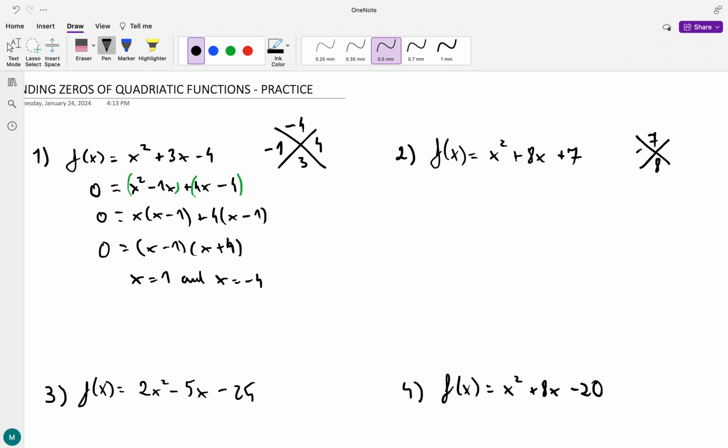So I think 1 and +7 will do just fine. 1 plus 7 is 8, 1 times 7 is 7, checks out. Let's rewrite our function and make it equal to 0 at the same time. x squared plus 1x plus 7x plus 7. Perfect. We can group now.